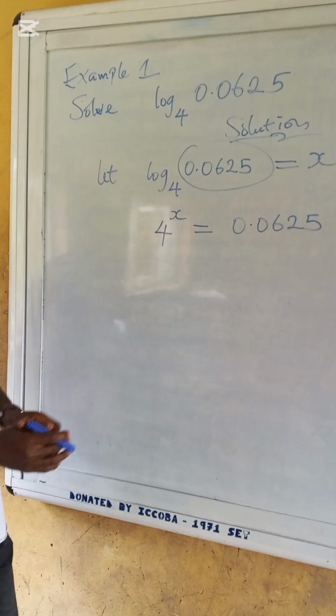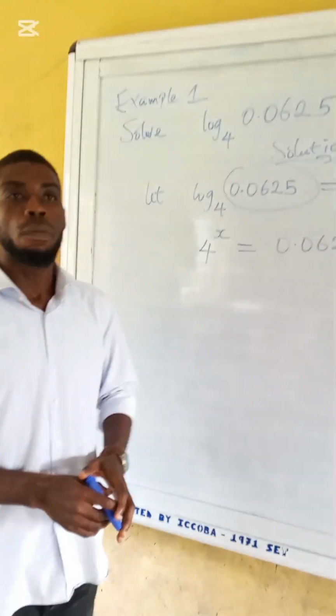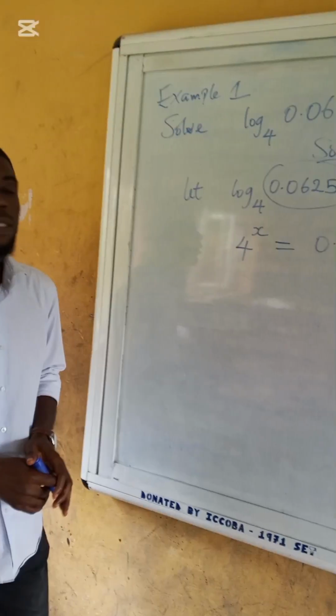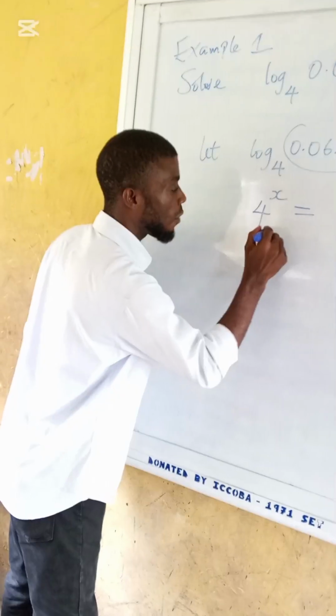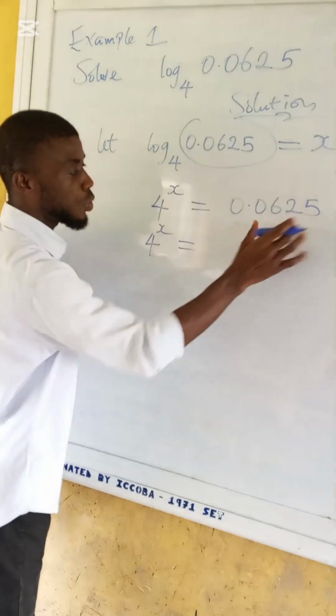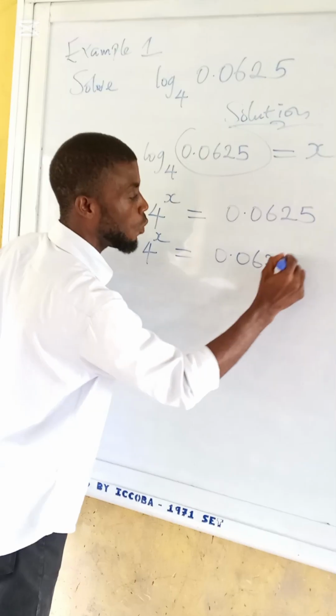The first thing is my right hand side is a decimal number. The best thing I want to do is to express this as a fraction. So 4 raised to the power x will also be, when we convert this to a fraction, how do we convert to fraction? This is 0.0625.